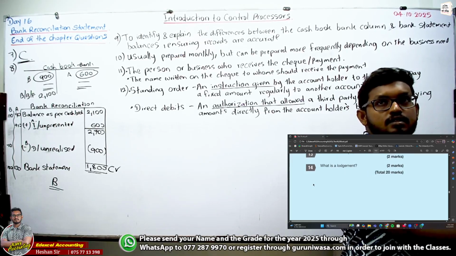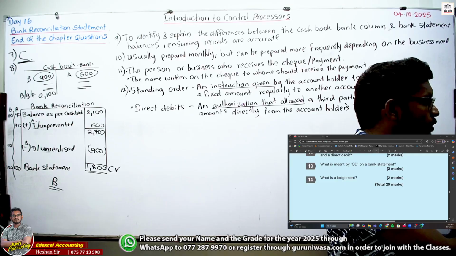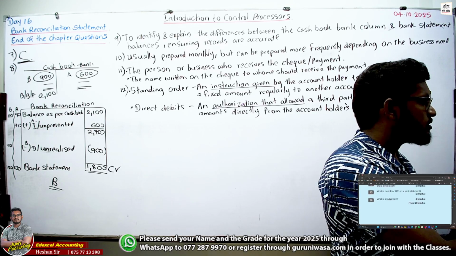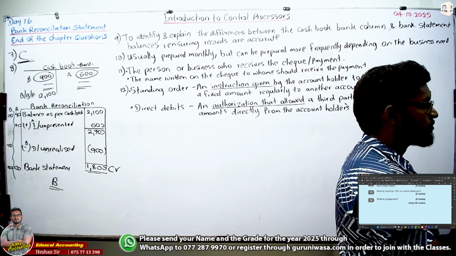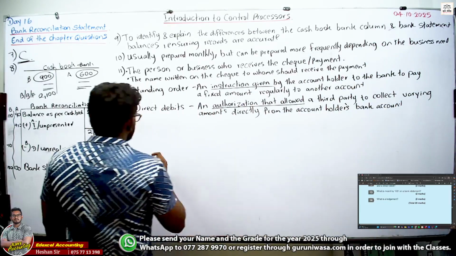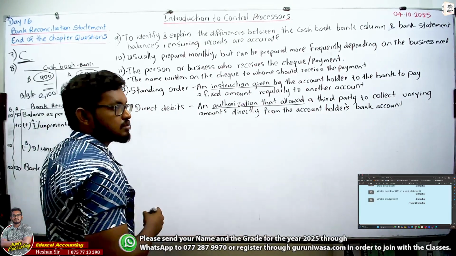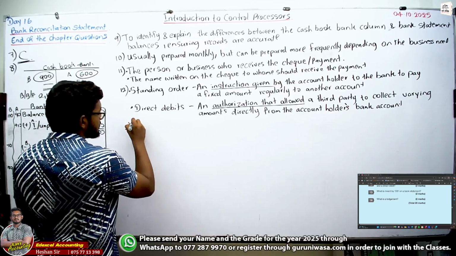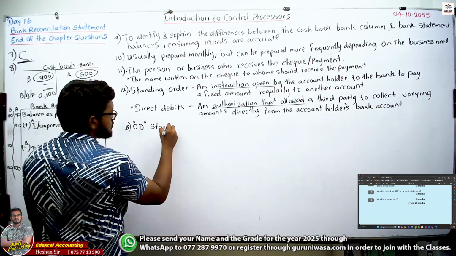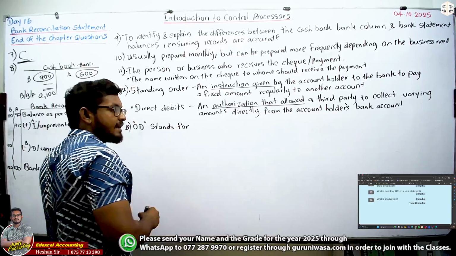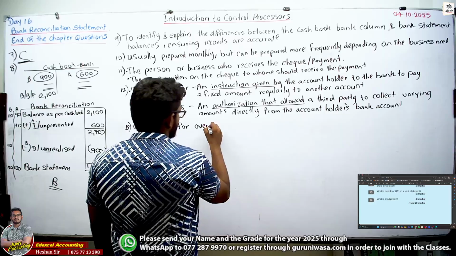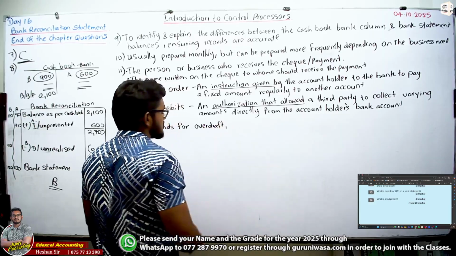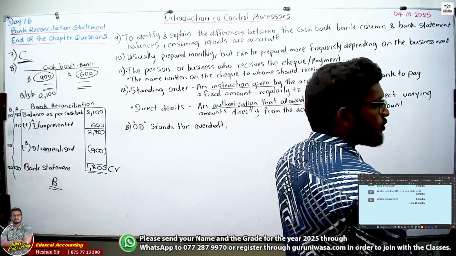Number 13. What is meant by OD? OD means the standing order, right? Sorry, OD stands for overdraft. Overdraft means the bank allows the business to write checks for more than the bank balance.